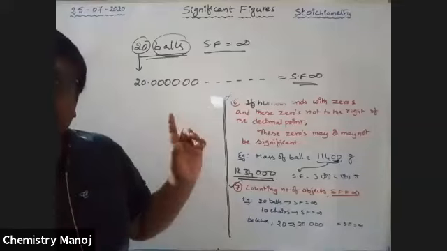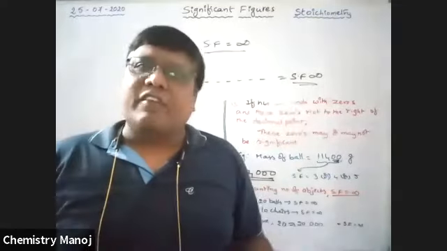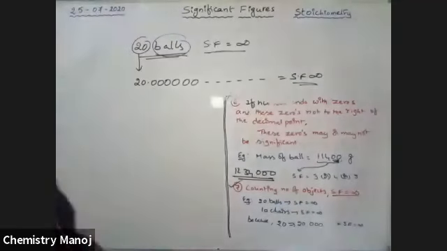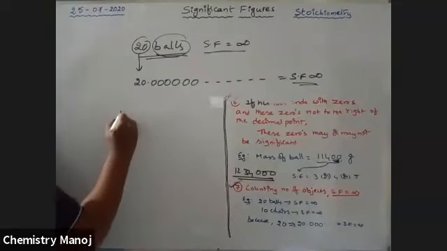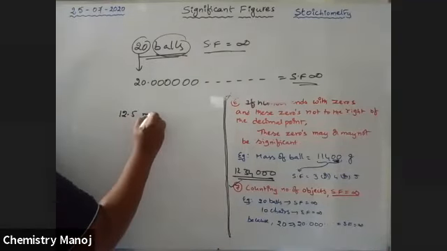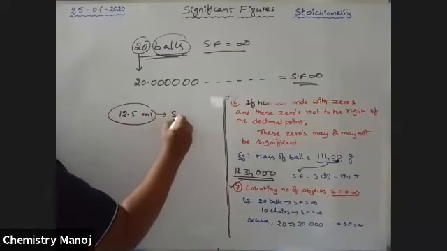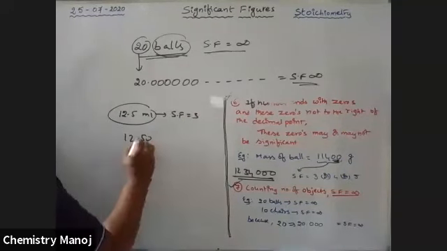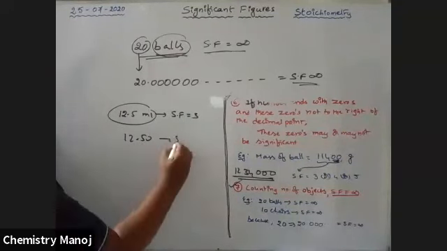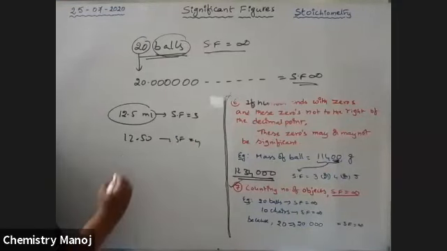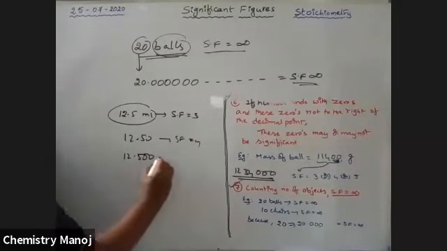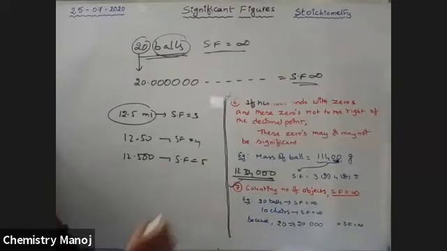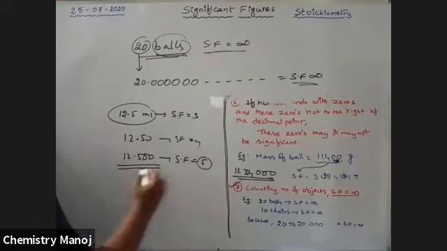For example, 12.5 ml: significant figures is 3. 12.50: significant figures is 4. 12.500: significant figures is 5. So more the significant figures, more the accuracy of that value.